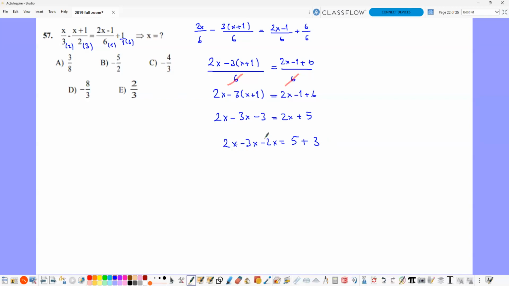Here 2x and 2x, if you simplify again, they are going to eliminate each other, which means that the answer is equal to minus 3x here, and on the other side it is 8, which gives 8 over minus 3 or minus 8 over 3 it has to be, because when you have the minus sign, you can give it to the numerator or you can give it to the fraction. That's why the answer is D.